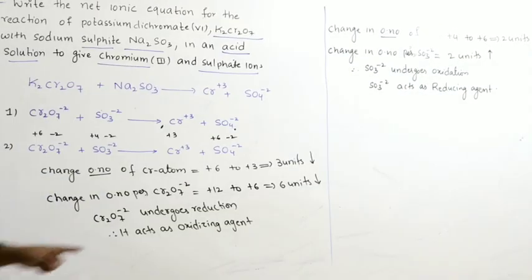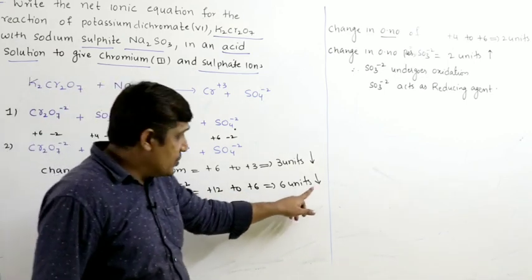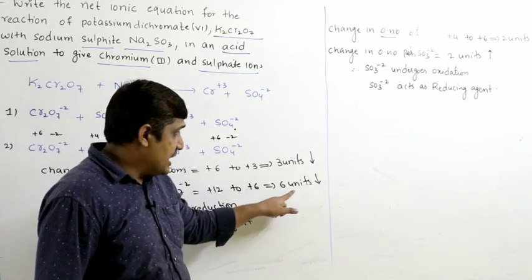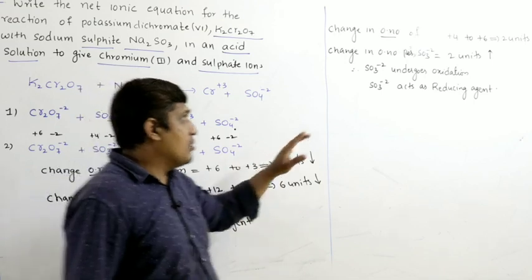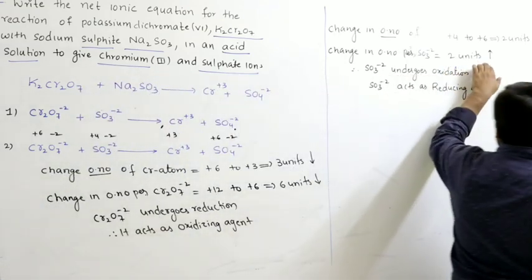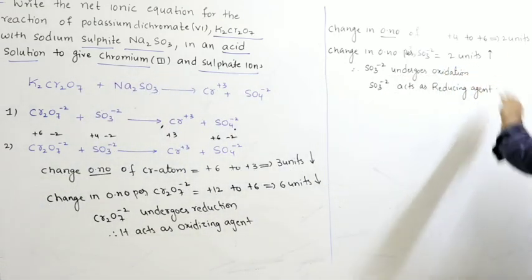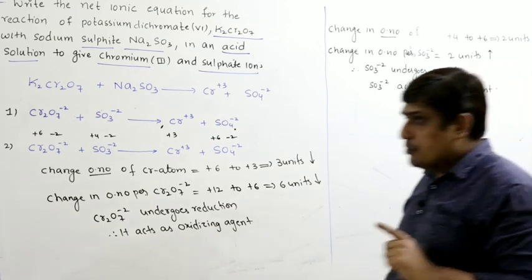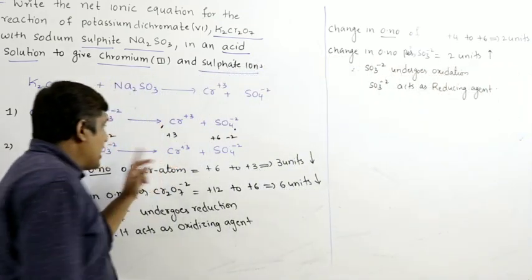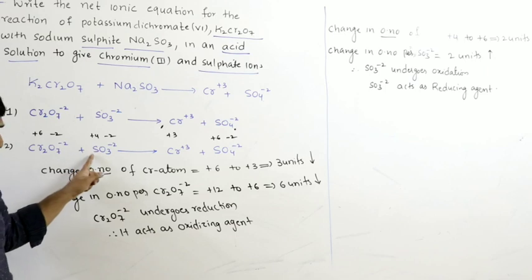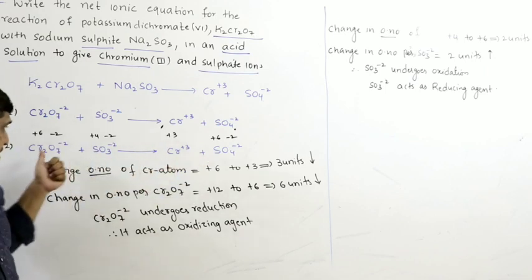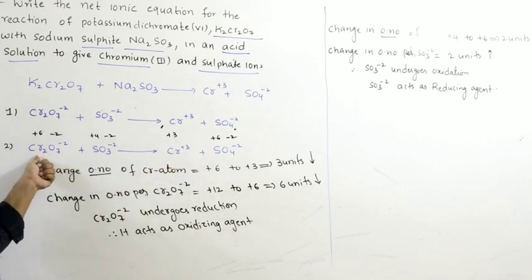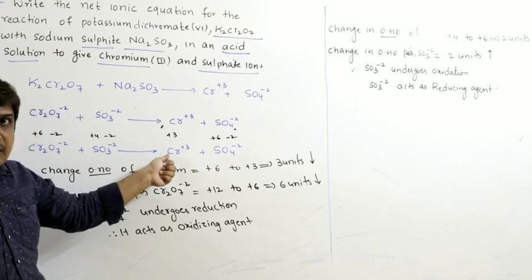So this is the information we can gather. The number of units of change in reduction is 6. The number of units of change in oxidation is 2. Are they the same or different? Before that, we can balance chromium. There is one sulfur, but for one ion you have two chromiums. You can balance here by writing 2 here.